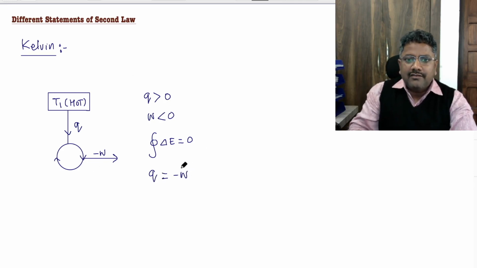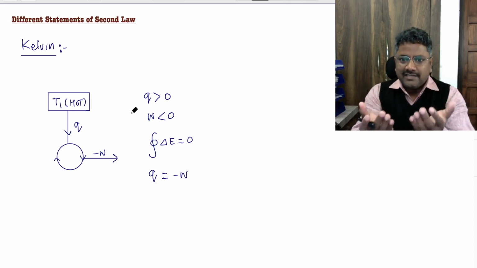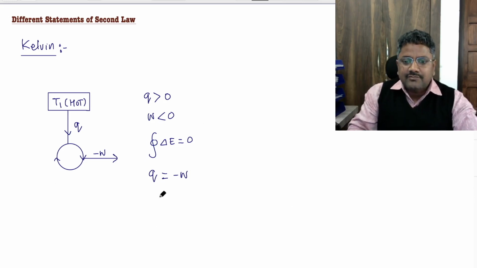So what Kelvin has suggested is the information extracted from the first law of thermodynamics. Kelvin said that this type of system is impossible.